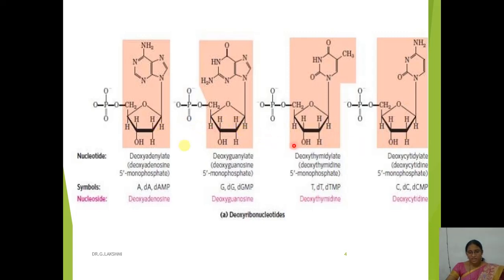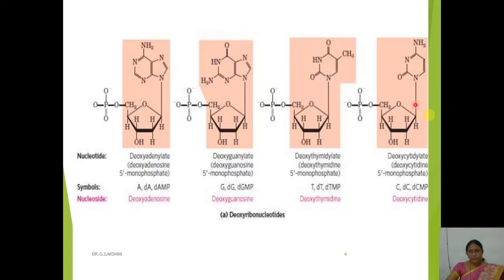What is deoxyribose? In the second carbon atom, only hydrogen is present as the functional group. See, this is the first carbon atom, second carbon atom, third, fourth and fifth. So in the second place there is no oxygen, hence it is deoxyribose.